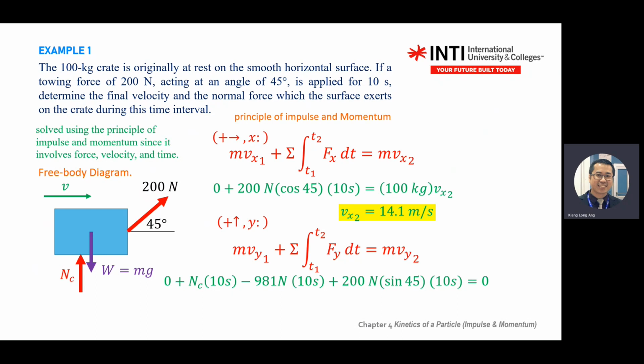Okay, so don't confuse this one with chapter 3. This one, normal force, when it comes to impulse, when the force and time, then there's an impulse. Then gravitational force, W, and the time, and the force, and the time, equals 0. Vy 0 because velocity do not appear in y direction.